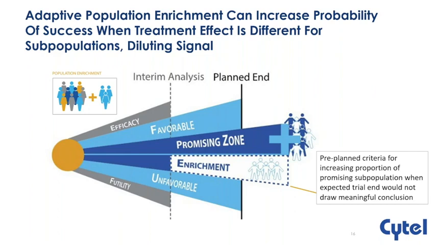Instead, you're giving yourself another chance to decide in your phase 3 trial, during the interim analysis, whether you should be subsetting for this subpopulation or not. And you can craft the decision criteria in many different ways.